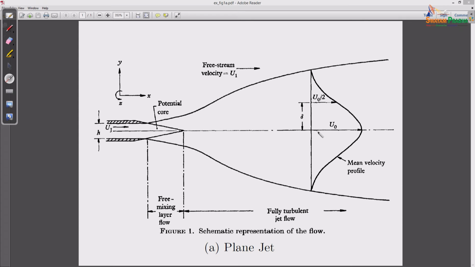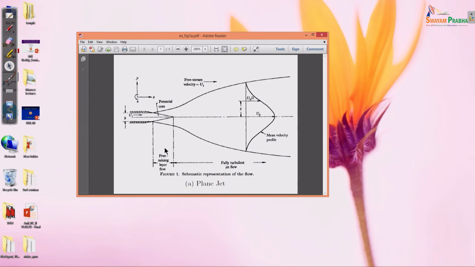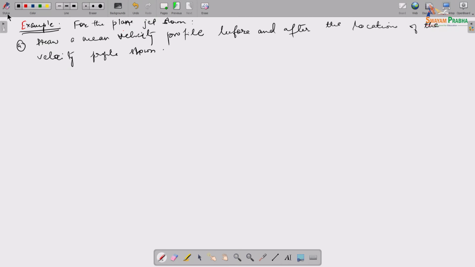If I go to a location just before this location, will the delta be more or less? These are some of the questions we need to answer before we can start drawing the velocity profiles.